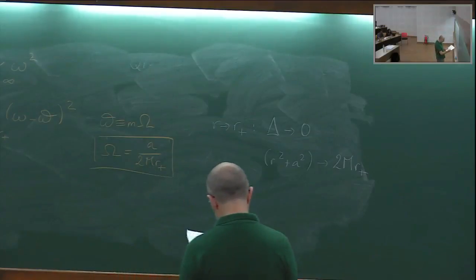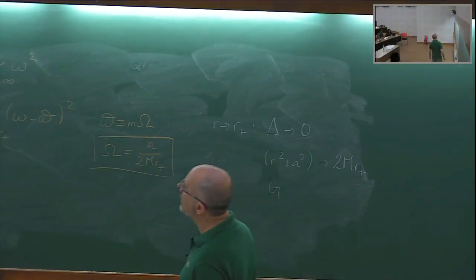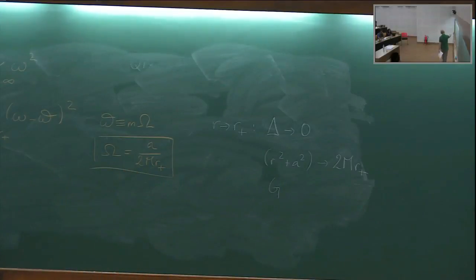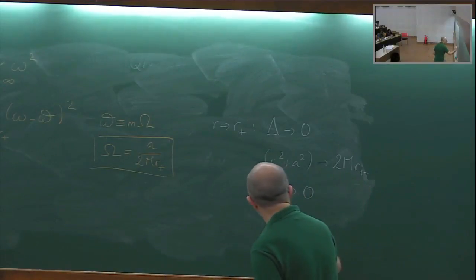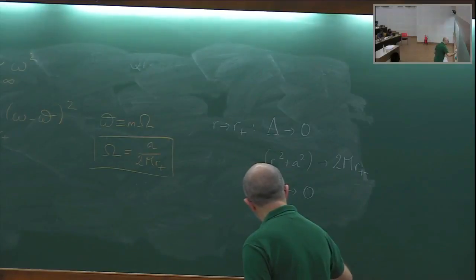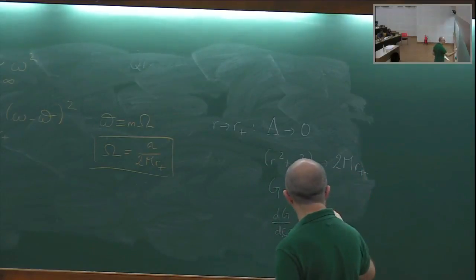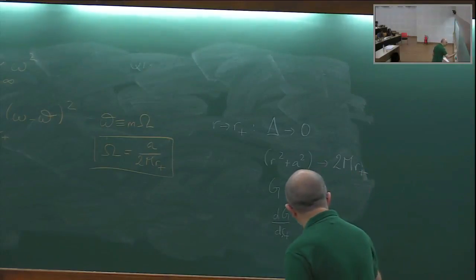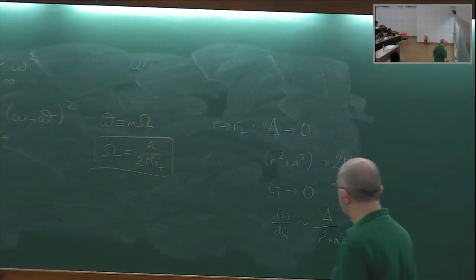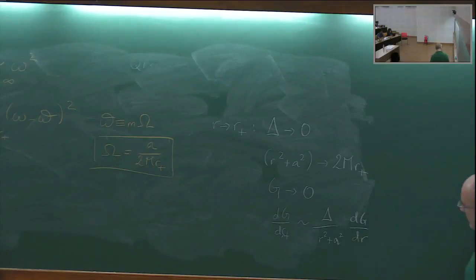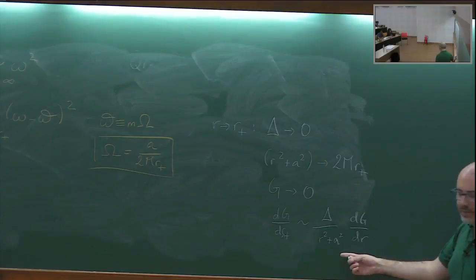From this it follows that G is r delta over r squared plus a squared, so it will go to 0 because delta goes to 0, right? And dG dr star goes like delta over r squared plus a squared dG dr. I just use the chain rule, right? So you see from this that because delta goes to 0, dG dr star will also go to 0.